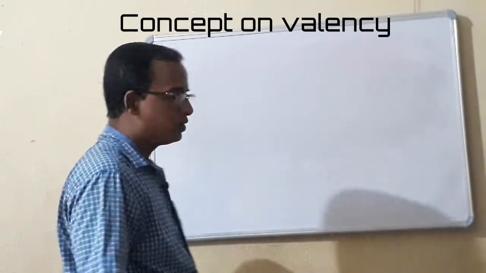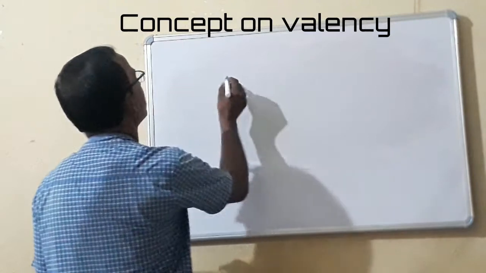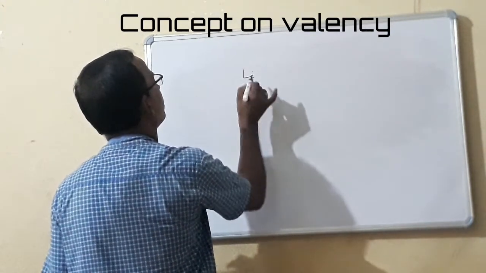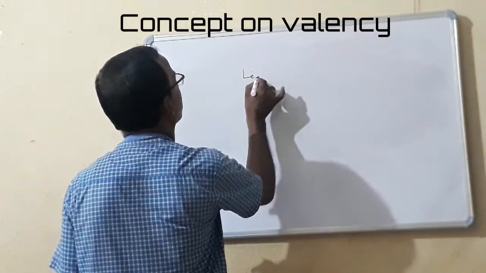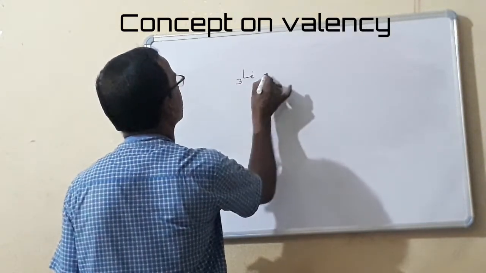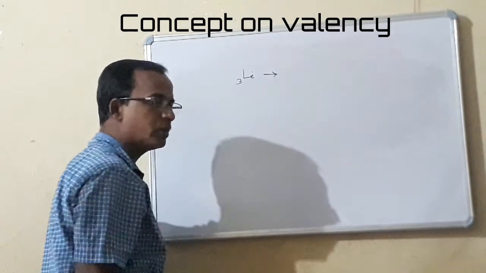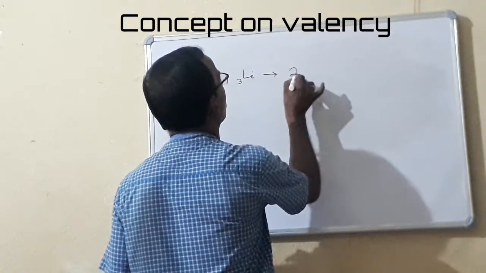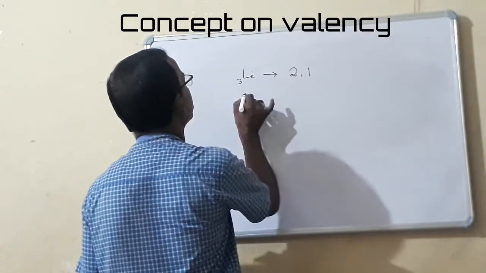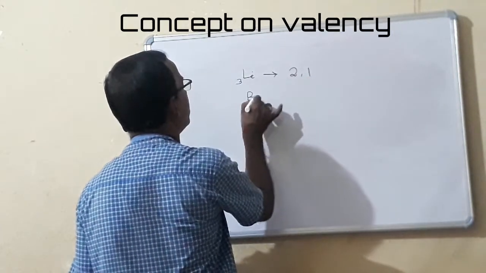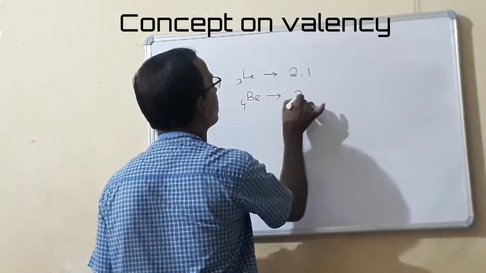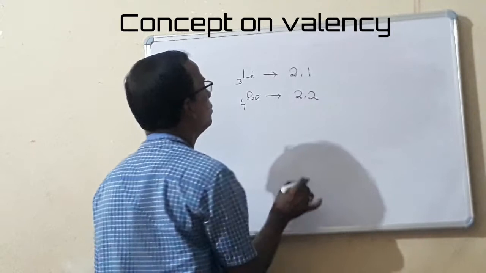First, let's take lithium. Its atomic number is 3, so its electronic configuration is 2, 1. Then beryllium, atomic number 4, electronic configuration 2, 2.